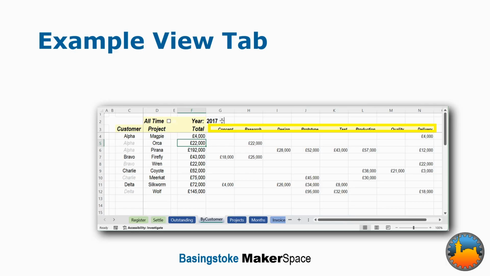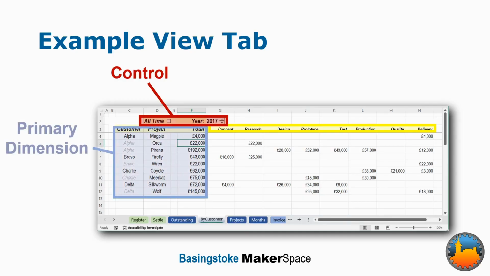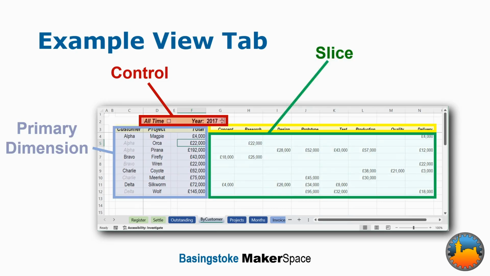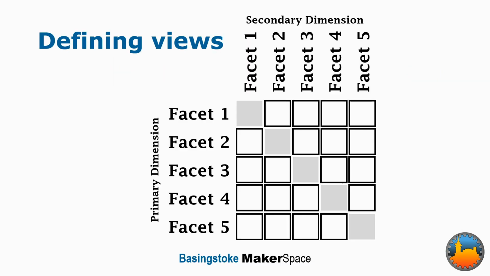As I said, this usually has 3 main elements: the control, which defines what we want to see, the primary dimension that provides a list of values for one particular facet, and the slice, which shows how these values interact with another facet. There should also be some additional values for the primary items, and a list of the values of the secondary facet for the slice to make sense.